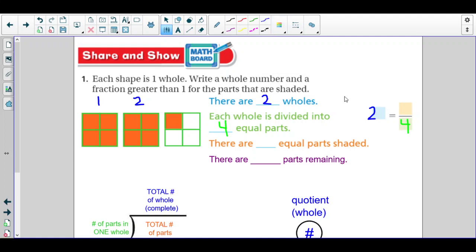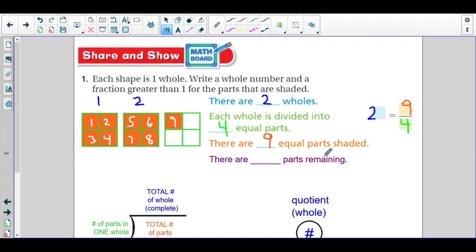As a matter of fact, let's just color these in. 9 parts are shaded in.